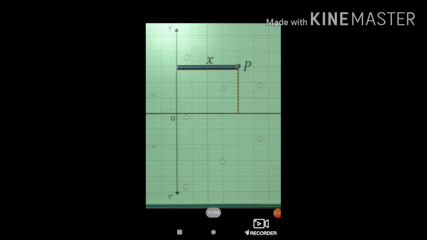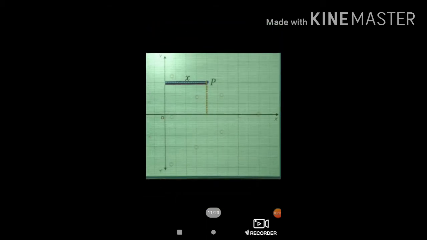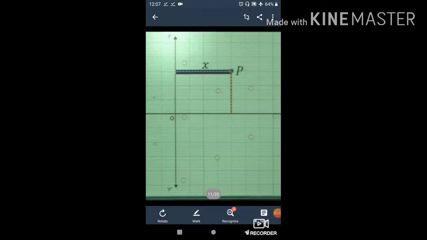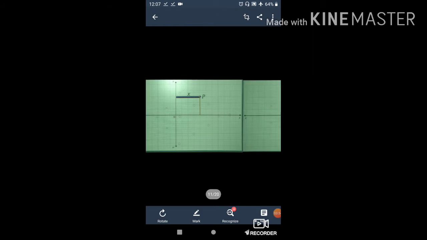First we have taken perpendicular distances from x-axis. As you can see here, this dotted brown line is the vertical line, which shows the distance from y-axis, and this horizontal line shows the distance from the x-axis. So with the help of these perpendicular distances we will find out the position of point P.